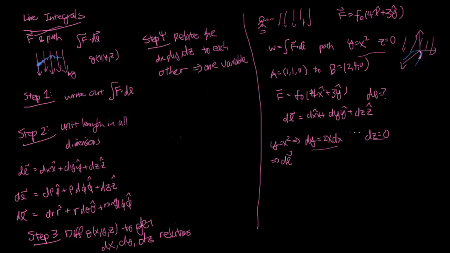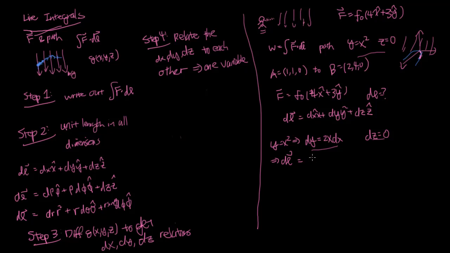So now you have this relationship, which means that if you plug this into dl, the goal is now you have these relationships. You can plug them into your dl with the end goal of making it so that you only have one variable to integrate, because you only have one integral to deal with, right? Since you only have one integral and one variable, when you're integrating along a path, you should be able to define that dl in terms of a single variable by using the equations that describe the blue line, the path that you're integrating. So let's substitute these in.